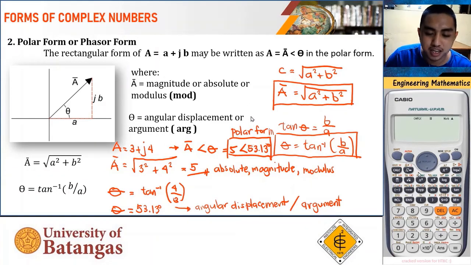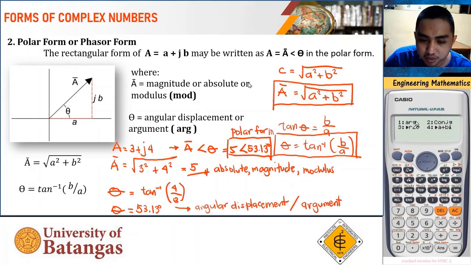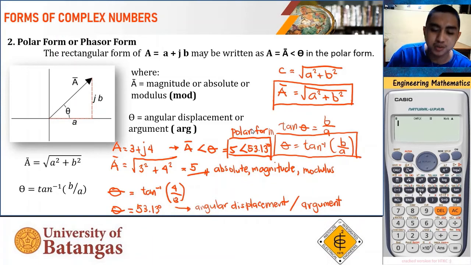So, let's say, shift complex ulit. Hindi pala. Kapag absolute is shift absolute dito. So, shift height. So, ito yung absolute value natin.